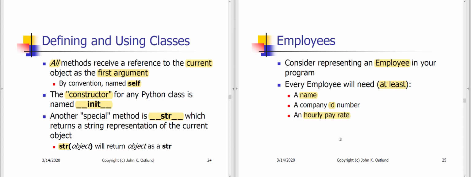Now, in real life, of course, there's a ton of other things that we would like to know about each employee, like social security number, home address, home phone, cell phone, on and on and on. But to illustrate what's going on with classes, it's enough for us to know that for each employee we're going to have these three data attributes. Okay?